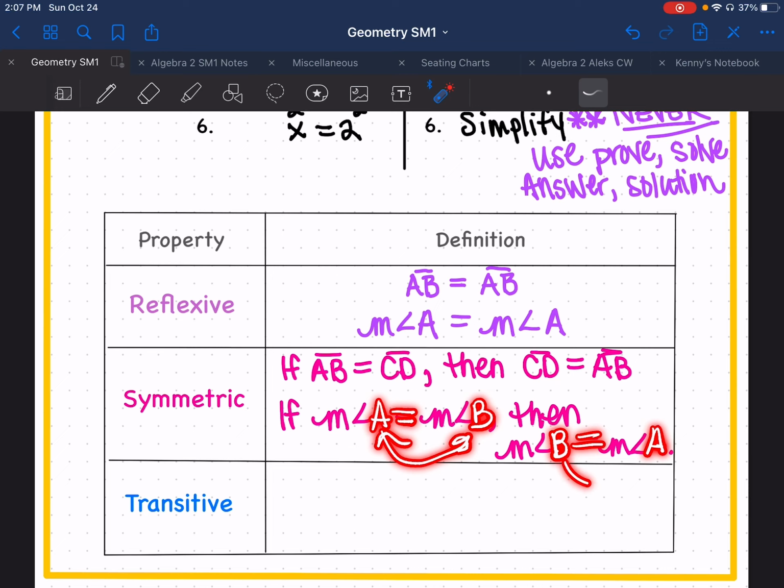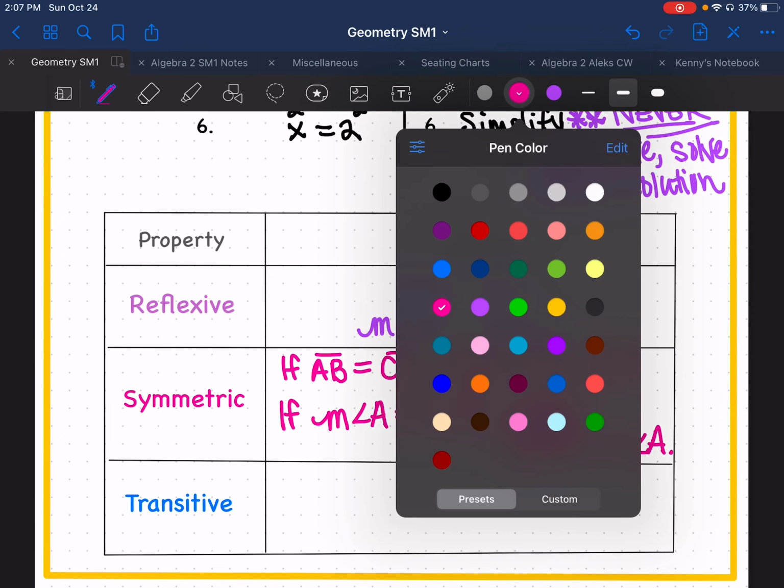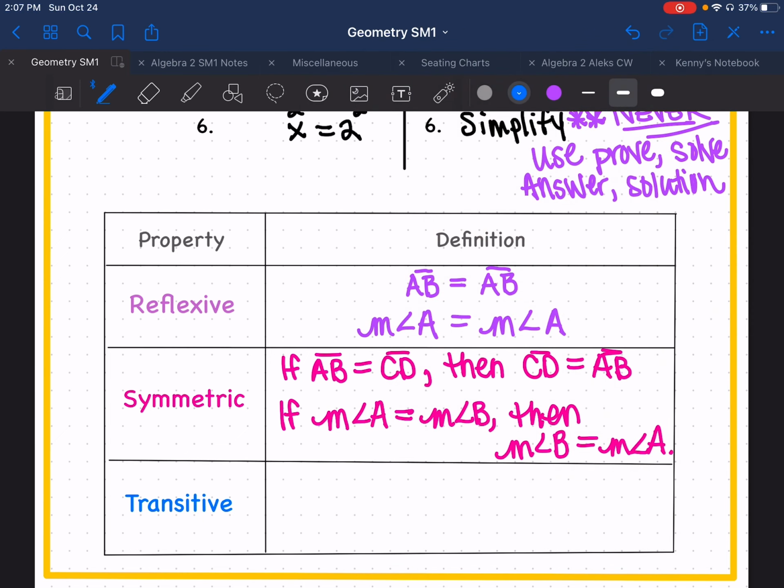That's all they did. This is the symmetric property. It comes in useful from time to time, but the last one is the one that is the most useful, the transitive property. Let me go ahead and grab my blue. This one is very, very popular, and you're going to use this one quite a bit.